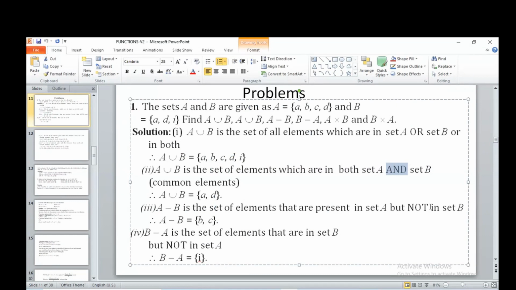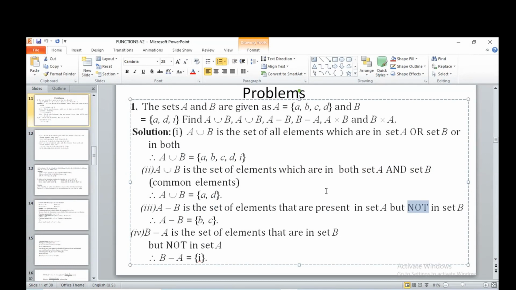You have to remember these three things while you are applying union, intersection, or subtracting two sets. While you are using the negative sign, it is the set of all elements present in set A but not in set B.